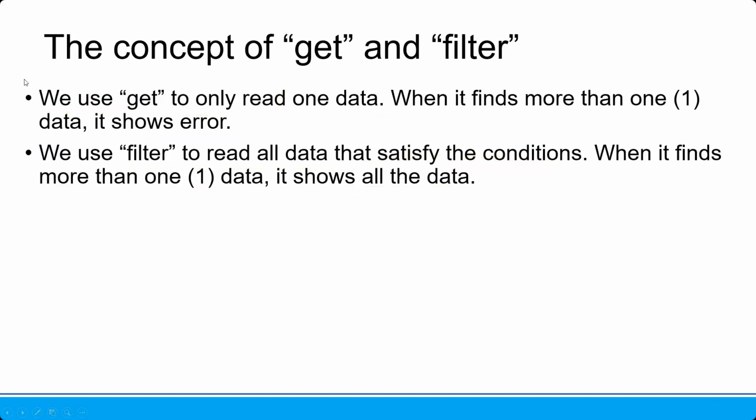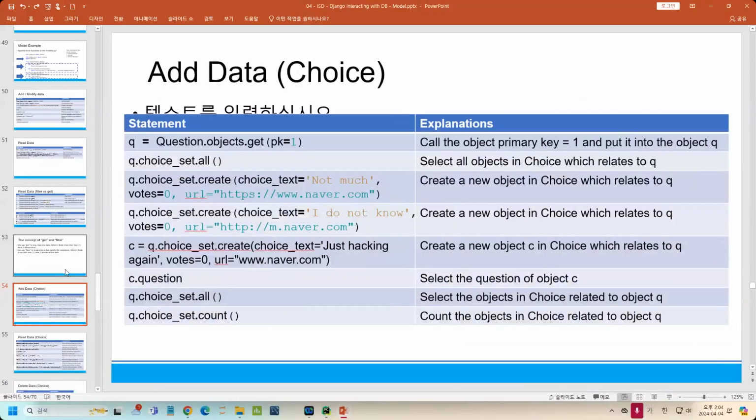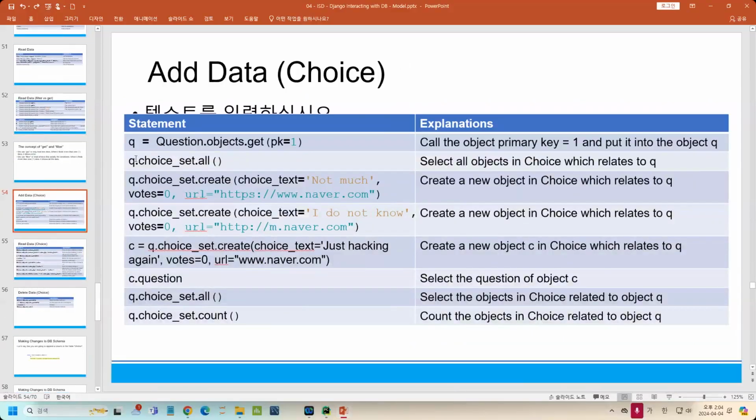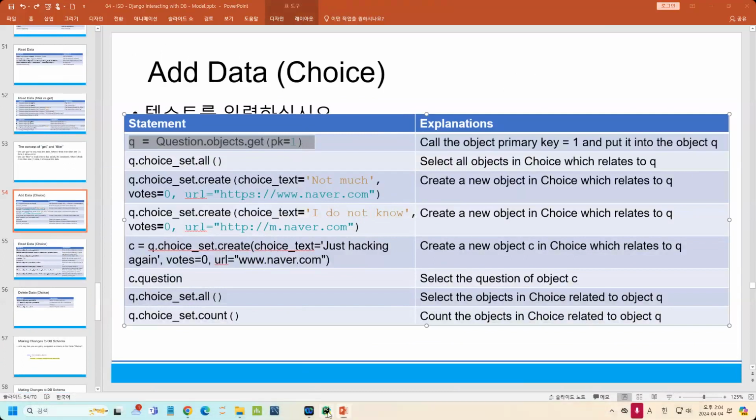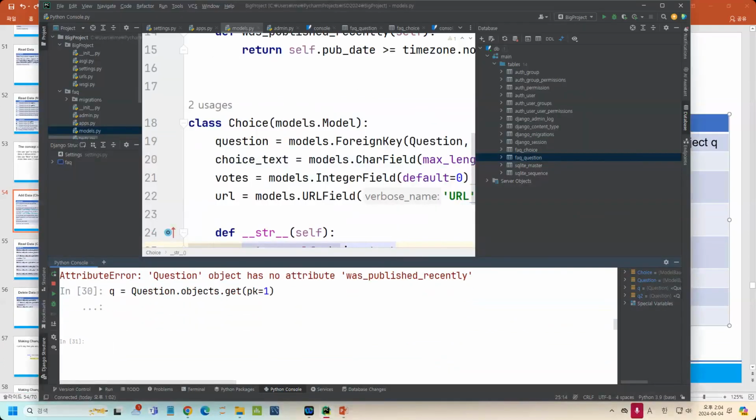Now, let's do this one before we finish the class. So let's make the q. Q is the object with the primary key equals 1.